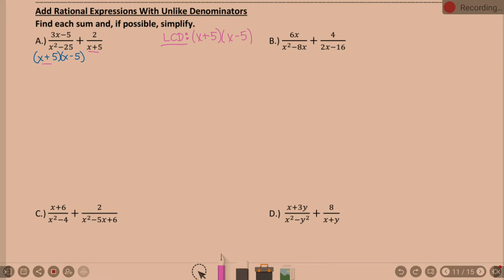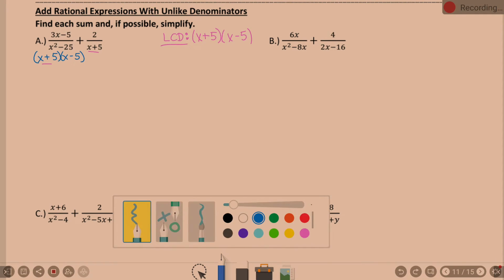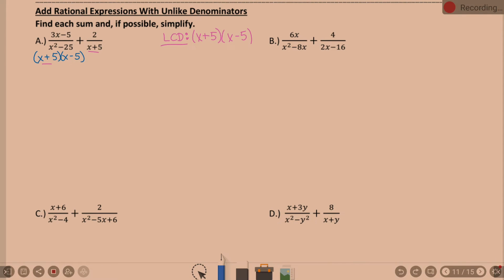Yeah. Same idea now. So, I'm going to write this out. My first denominator is already x plus 5 and x minus 5, correct? So it can just stay 3x minus 5.